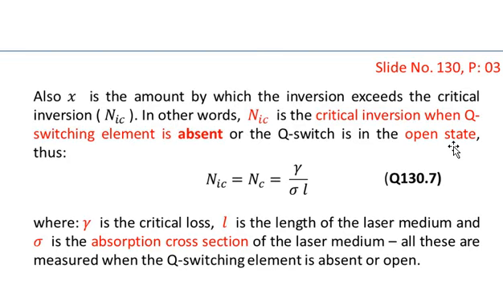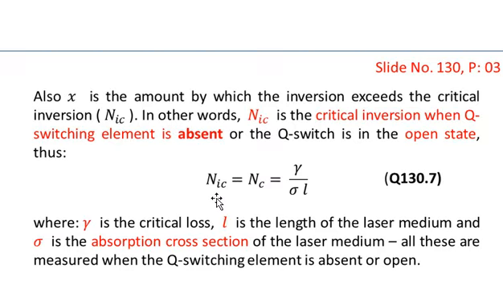Thus we can write that NIC is equal to NC is equal to gamma over sigma L. This is what we have been writing in many of the previous slides.